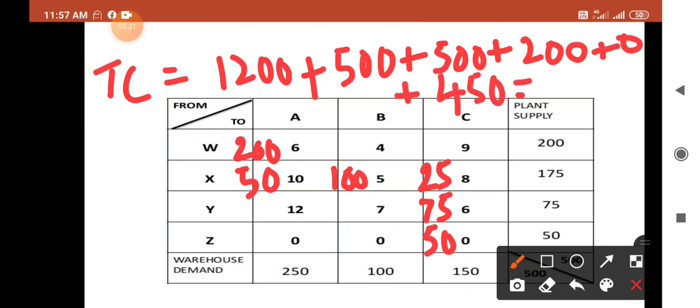Okay, so the total transportation cost here is 2850.